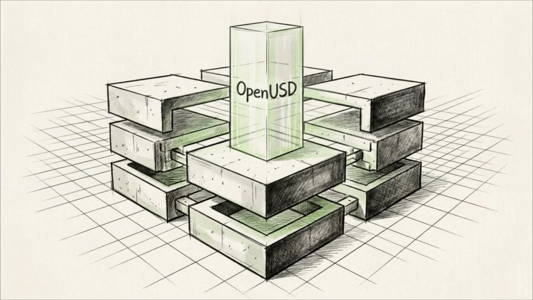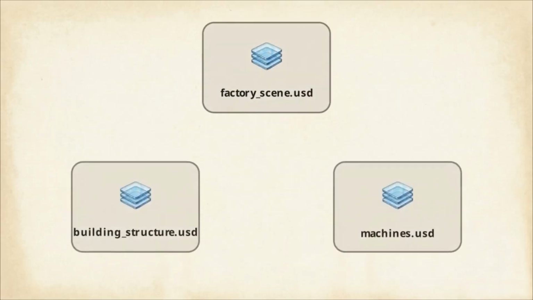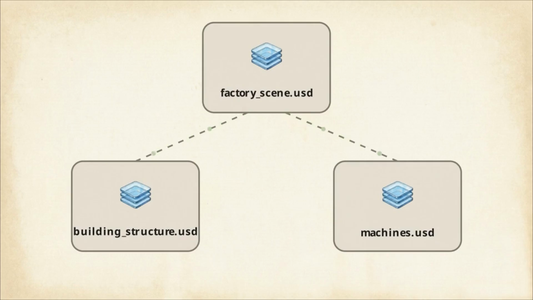The foundation of this architectural shift is OpenUSD, or Universal Scene Description. You cannot treat USD as a static file format like an OBJ. It is a highly relational scene description framework. Instead of merging geometry, USD relies on referencing. Editing a subassembly in one file instantly updates the master scene without breaking the project's structural integrity.